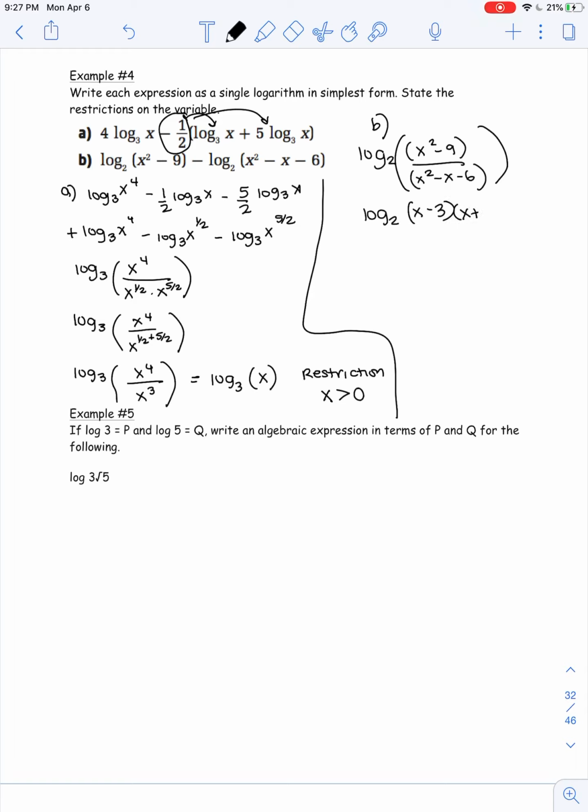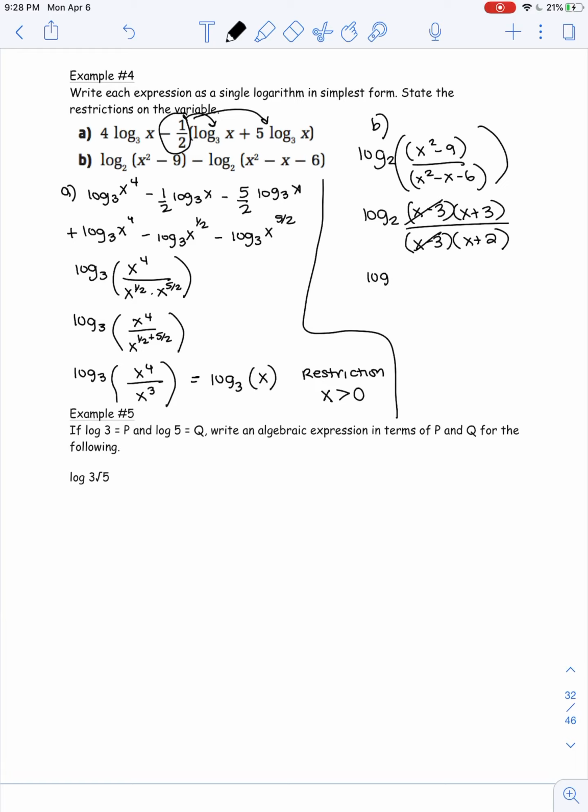So we're going to write difference of squares at the top, and at the bottom we can factor it fully. Two numbers that multiply to -6 and add up to -1 would be x minus 3 and x plus 2.